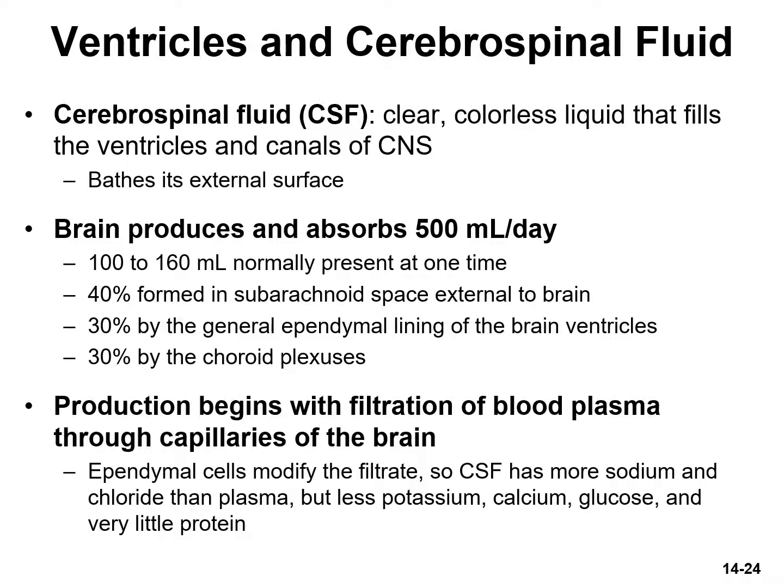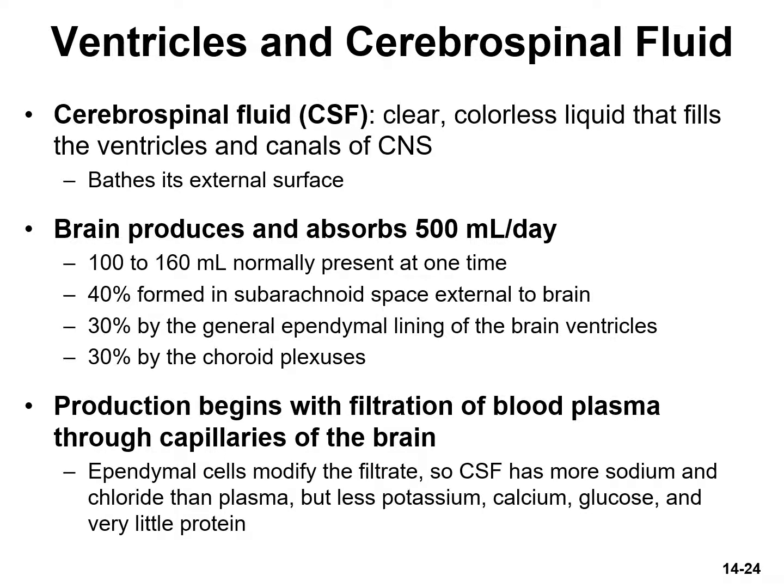The brain produces and absorbs about 500 milliliters of this fluid a day, but only 100 to 160 milliliters are normally present at any given time. About 40% of the CSF is formed in the subarachnoid space that's external to the brain. 30% is formed by the general ependymal lining within the ventricles, and then 30% by the choroid plexuses themselves.